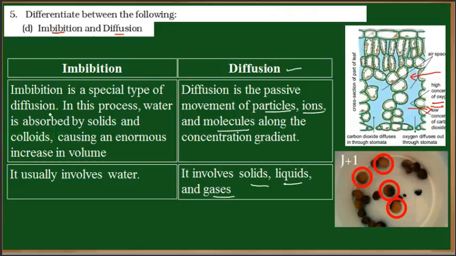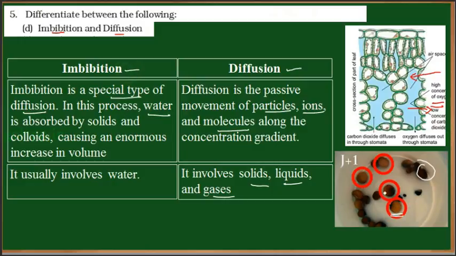Whereas imbibition is a special type of diffusion in which non-living substances absorb water. So it can absorb water and increase in its volume. For example, let us consider these seeds. So germinating seeds, when these seeds are soaked in water, the water-loving, hydrophilic substances present on the surface of the seed coat absorb the water by the process called imbibition and increase in size.